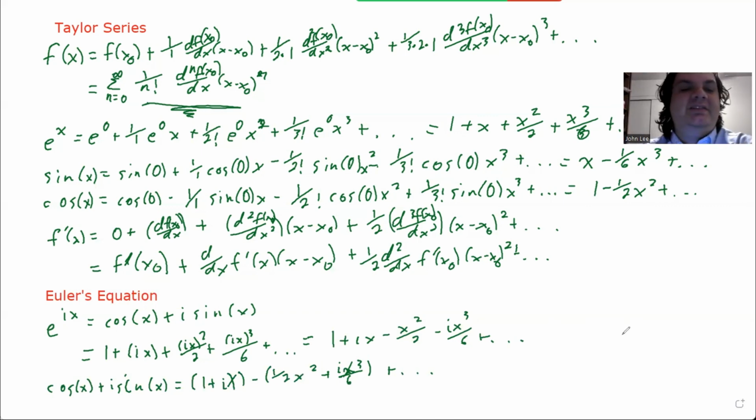The reason that this is useful is because sines and cosines are difficult to work with when you're working with differential equations, which are equations where, as I said, the derivative of something is in some way a function of the original value.